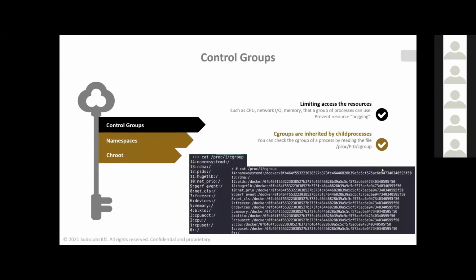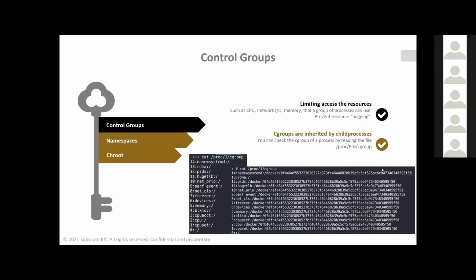So basically, the process with PID 1 is the init process, and all of the processes in the Linux environment are a child process of that. Child processes inherit certain attributes from their parents, and the cgroup is one of those attributes, right?